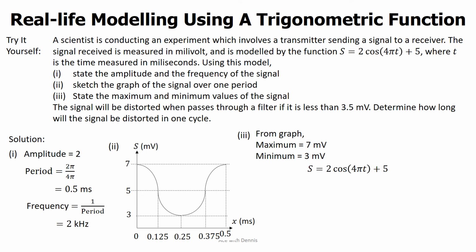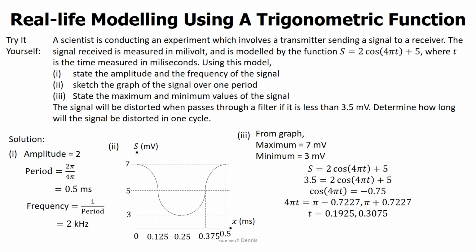Now to answer the last question, from the equation s equals 2 cosine 4 pi t plus 5, the s is 3.5. Now we can solve this equation. Cosine 4 pi t equals -0.75. The t will be at 0.1925 or 0.3075.